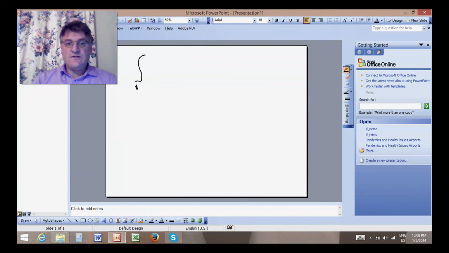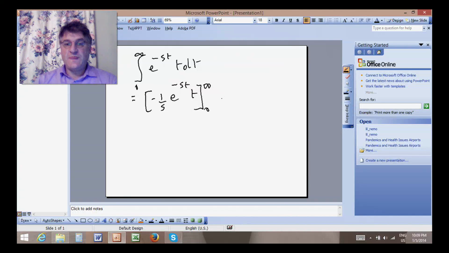We write again the integral from 0 to infinity of e to the minus st t dt, which we write as: we integrate this term, it becomes minus 1 over s times e to the minus st t taken between 0 and infinity, and minus the integral from 0 to infinity of this integrated term, minus 1 over s times e to the minus st, times the derivative of this guy, which is 1.